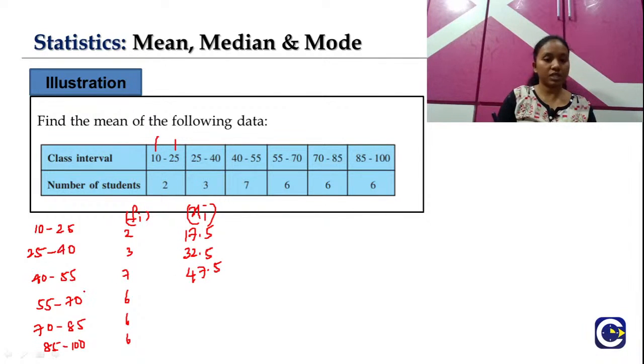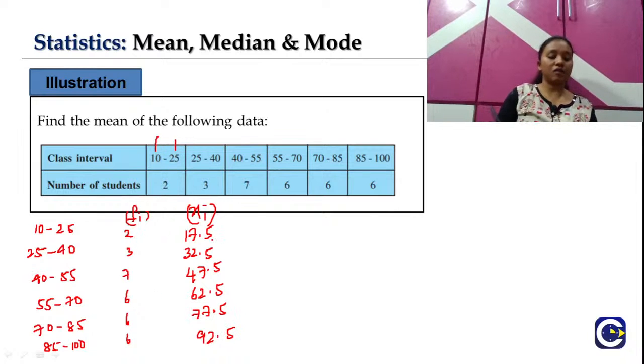So likewise the next one will be 62.5. And then 70 plus 85 divided by 2, 77.5. And then 185 divided by 2, that is 92.5. So these are our xi values.